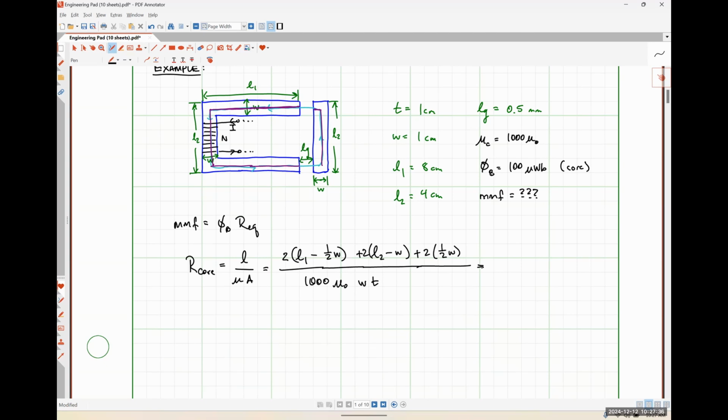Let's pretty this up. I've got a twice L1 plus L2. I've got a minus W from this guy and a plus W from this guy, so those cancel out. So I should just have minus 2W from this term here. Does that make sense? We all okay with that?